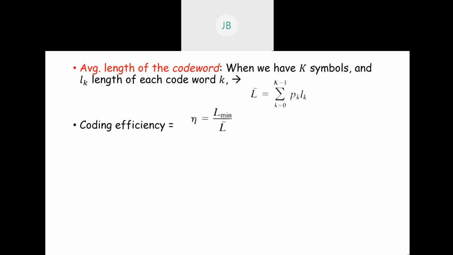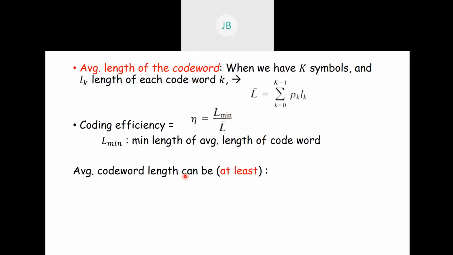Okay, then we have also seen terms such as coding efficiency. The coding efficiency, eta, is nothing but L minimum divided by the average code word length. L minimum indicates the minimum value of the average code word length. And there is a condition that the average code word length can be at least the value of the entropy.